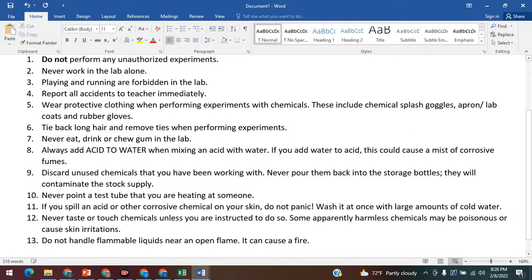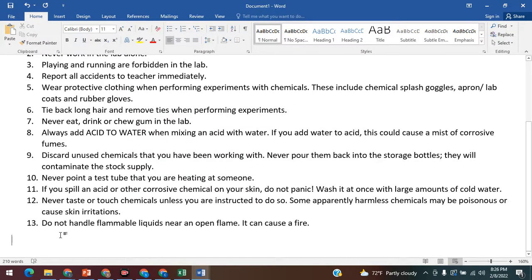So just some other things: you want to have a first aid kit in the lab. Anyone know what a first aid kit is? Something that has a bunch of treatments.